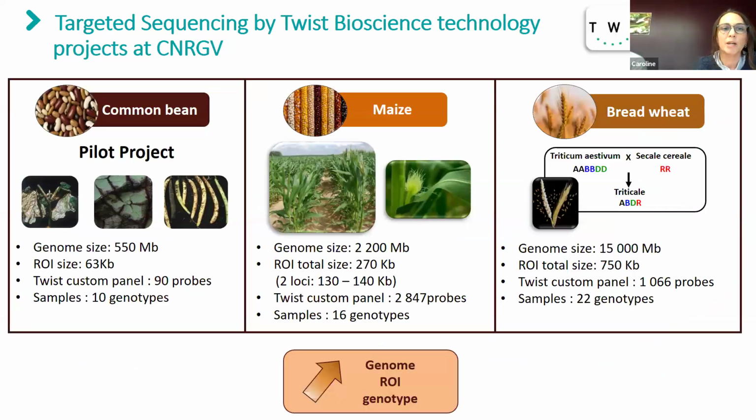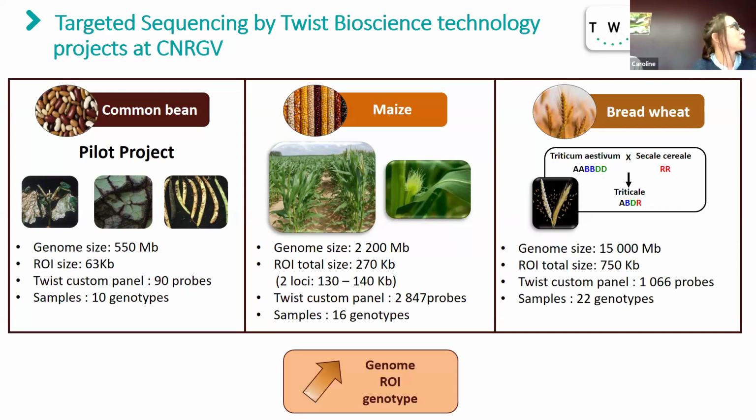So I will illustrate how we applied it across 3 projects at CNRGV. We first started with a pilot project on common bean, which has a relatively small genome of 550 megabases, and we target a region of 63 kb. This project allowed us to test and validate the protocol on 10 genotypes using a panel of 90 probes.